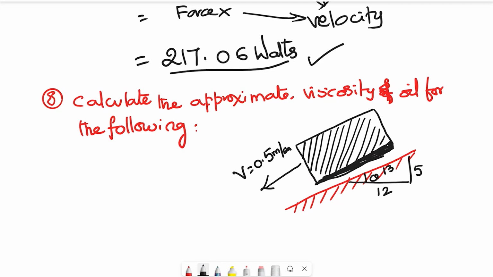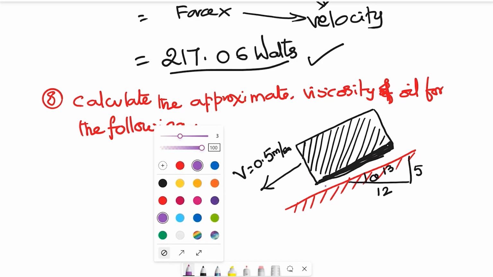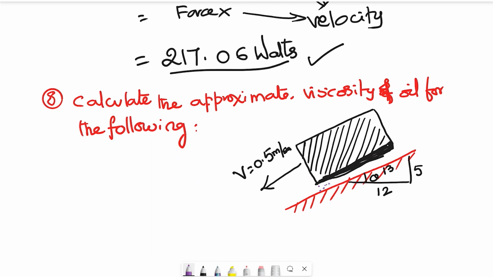He has given this gap. This gap is filled with some oil of viscosity that he wants us to find out. So how much is this viscosity? The question is that.